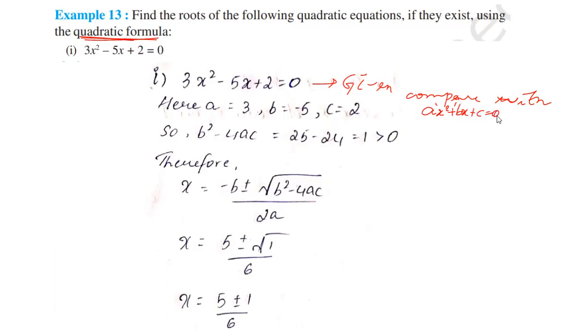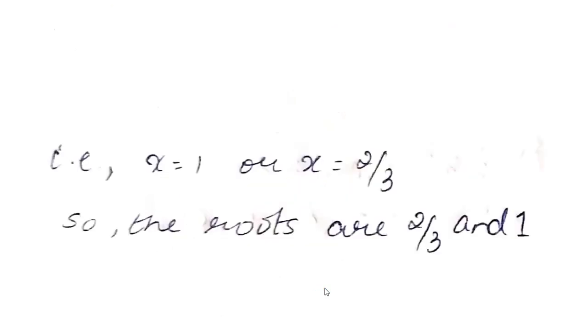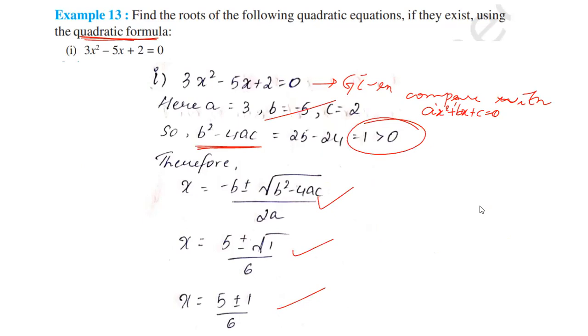Got it? So b square minus 4ac is 1, which is greater than 0. Formula, substitute, simplify, and solve. You will get two roots. The roots are 2 by 3 and 1. Roots exist.